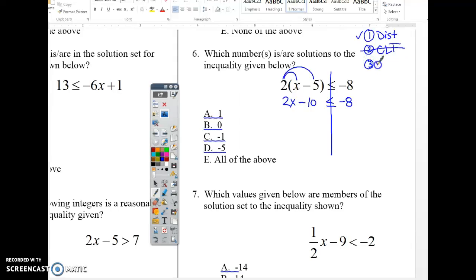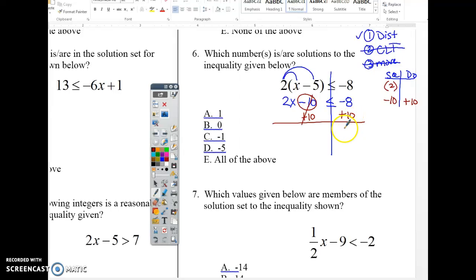Step 3, move the smallest variable. Well, there's only one variable, so do I have to move it? No. And step 4, see do. So what do you see happening with the x? It's multiplying by 2 and subtracting 10. So the first thing I'm going to do is to add 10 so I can get rid of this negative 10.